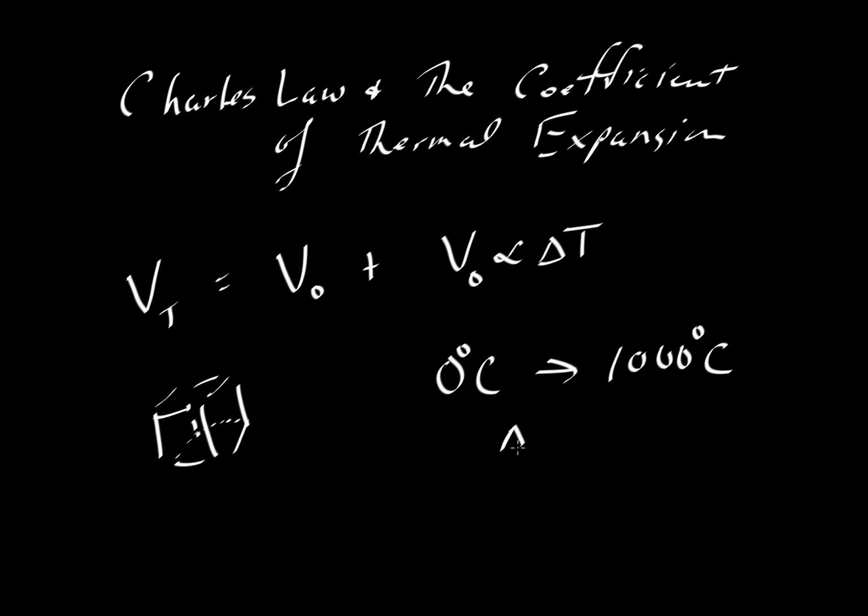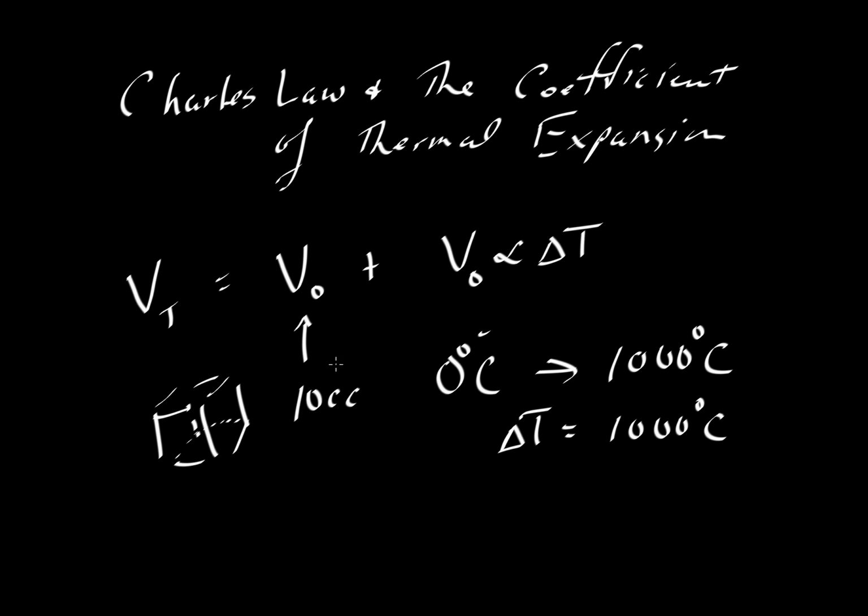So our delta T then was 1,000 degrees C. As you can see, 0 degrees centigrade is a very handy reference since it allows us to make the calculation a little bit simplified. And then we had an initial volume of 10 cubic centimeters.